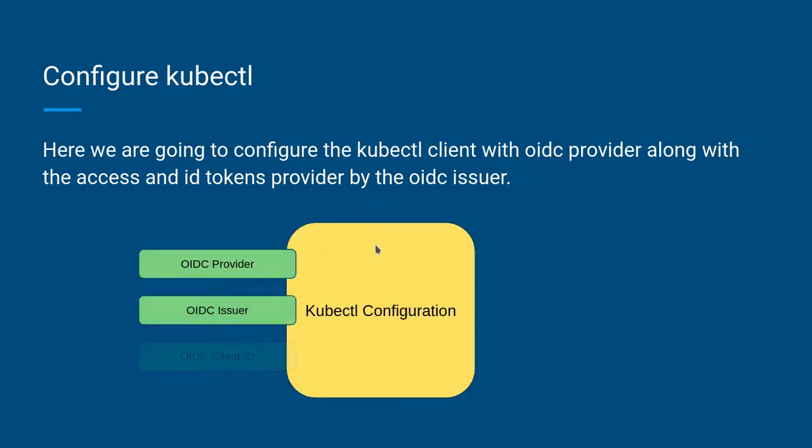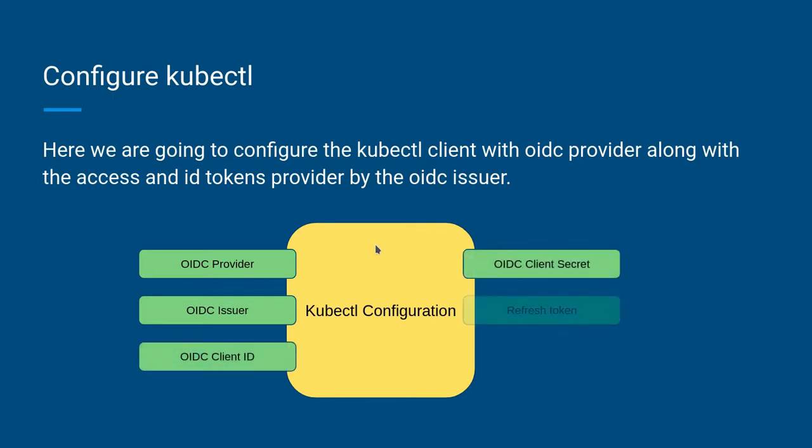So this is my kubectl configuration, which will contain the OIDC issuer provider details: issuer, client ID, client secret, and the request token ID token. These are the 6 parameters that we are going to configure as a part of the kubectl configuration, so that it can connect with the identity provider and provide authentication with it.